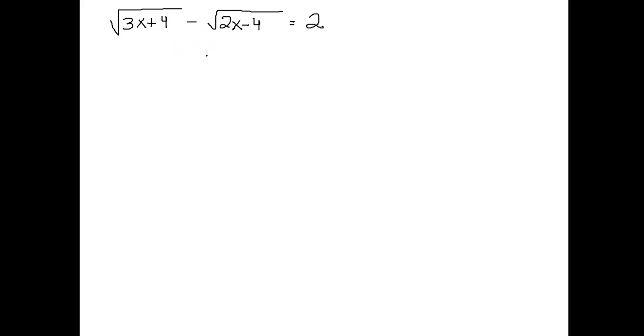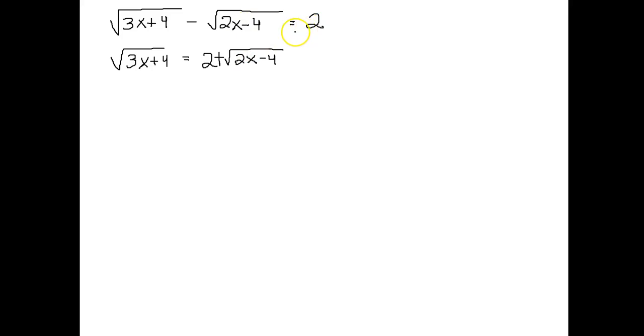So step one is to get one of them isolated. And I think the easiest thing to do here will be to add square root of 2x minus 4 to both sides, so that square root of 3x plus 4 will be all by its lonesome on the left.